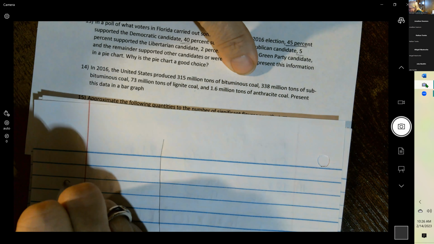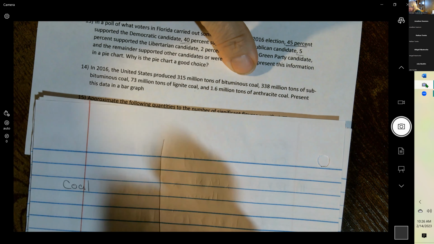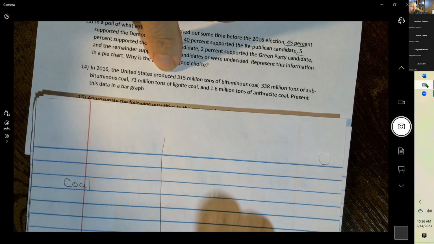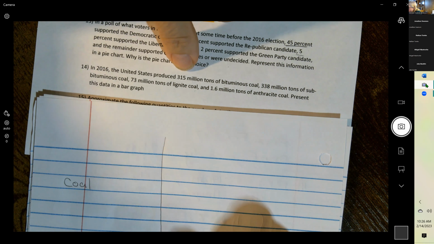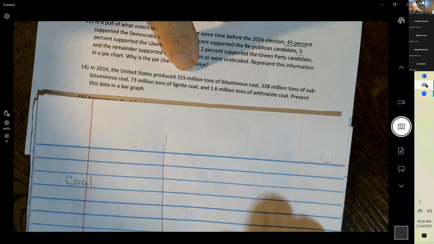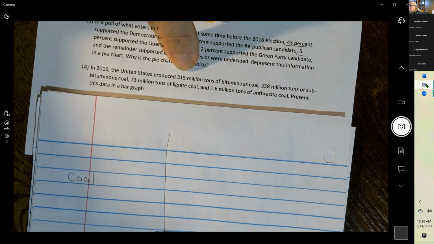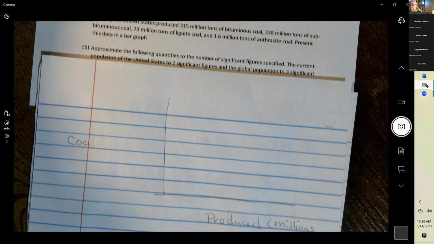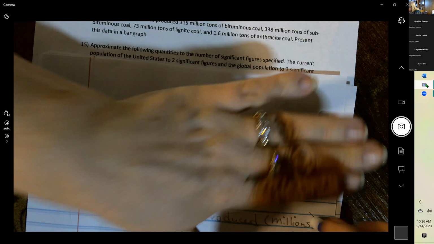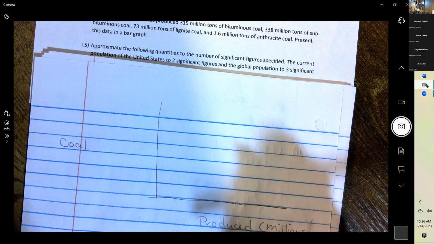So this will be the type of coal, and this will be produced. And it'll be in millions of tons.